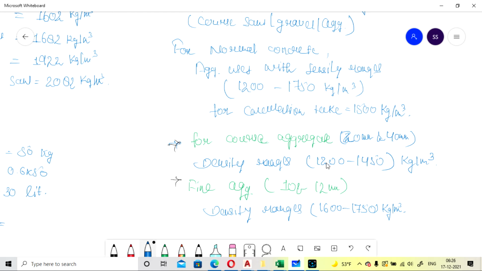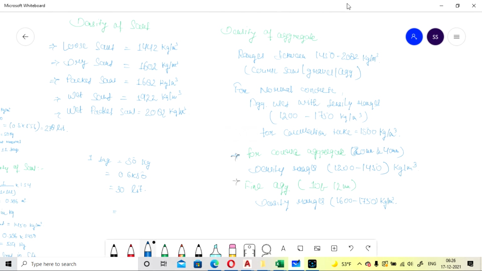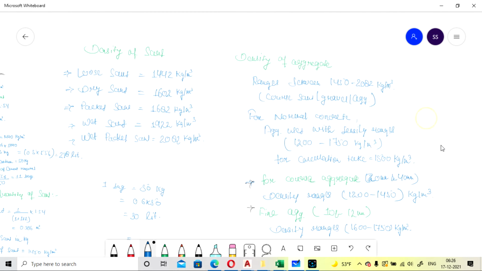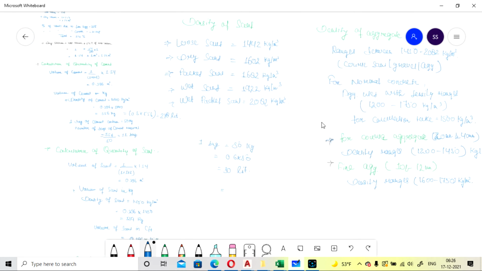Here, for coarse aggregate, the size is more, so the density decreases. Always remember this: if size increases, density decreases. So these are the ranges to follow if you don't know the density for different grades of aggregate or sand.